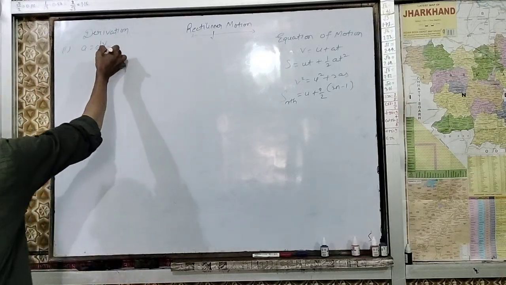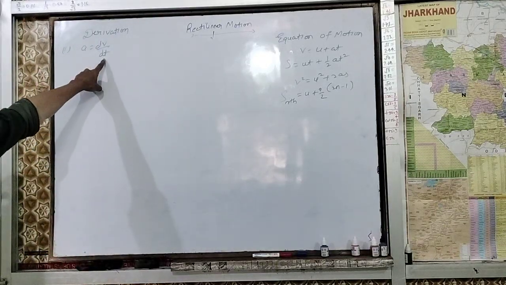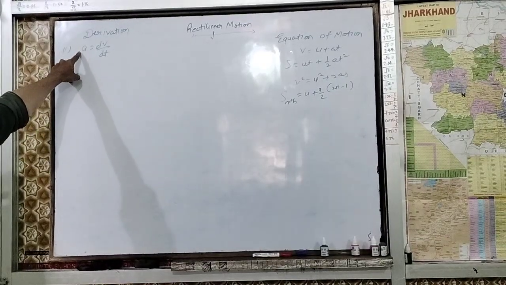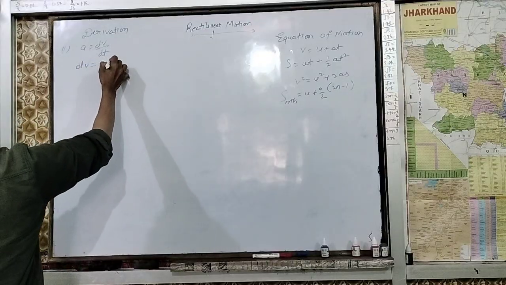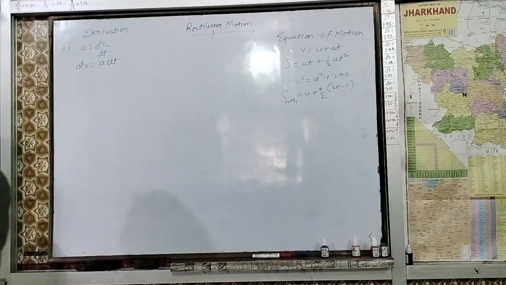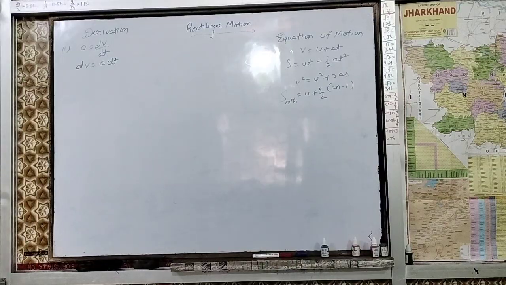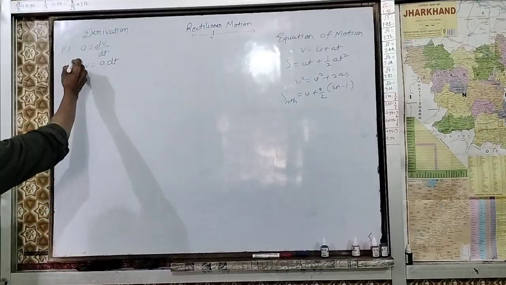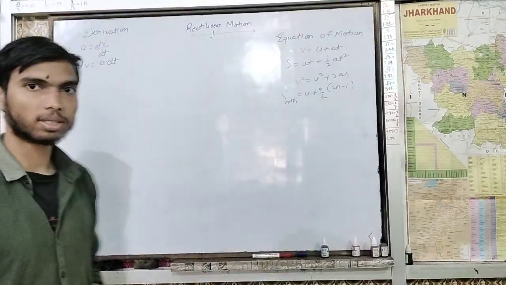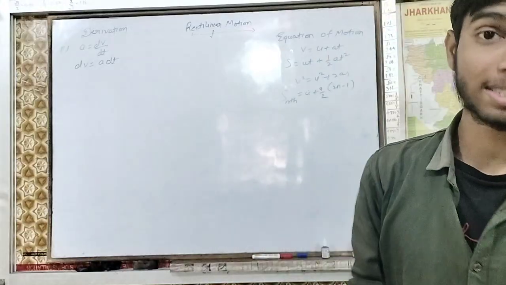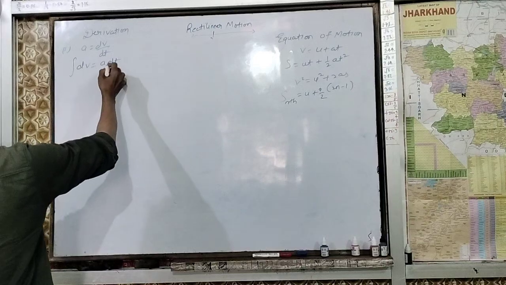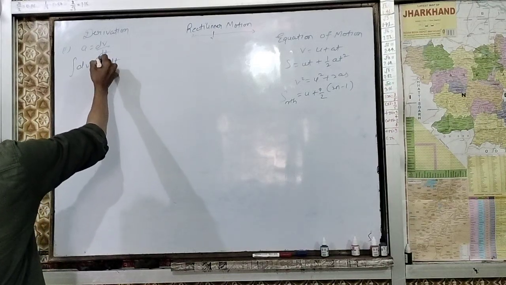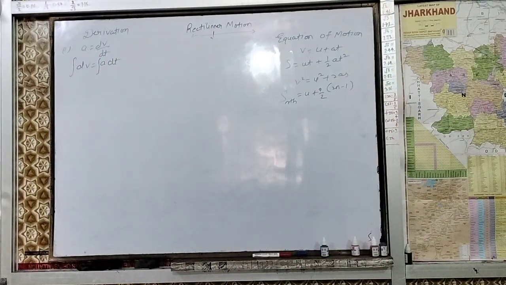If you simplify it, you will shift this dt across, meaning multiplication. So dv will become a into dt. Am I correct? Now you are able to apply calculus. Initially a is equal to dv upon dt was a differentiation, but now it became integration. So integration of dv equals integration of a into dt.